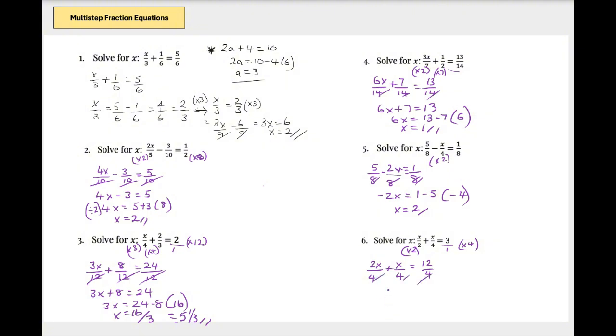Bish bash bosh. 2x plus x is 3x equals 12. 12 divided by 3 equals 4. I mean, the only extra bit there is we've got 2 x's, but it doesn't make a scrap of difference.